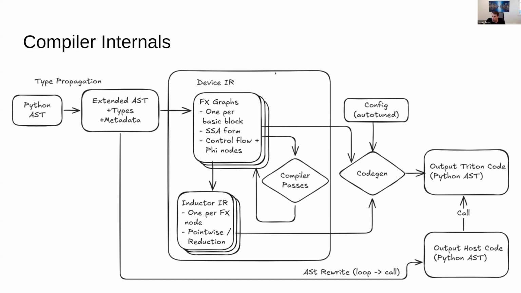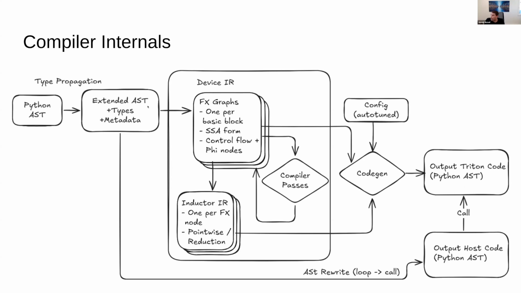And then after we've done a bunch of the compiler passes, we do codegen, and codegen is the point where I have a config. So everything to the left of this diagram just runs once per configuration. So if you're autotuning, you don't need to repeat the left half. The config comes in at codegen time, and we generate the output Triton code using the Python AST module.